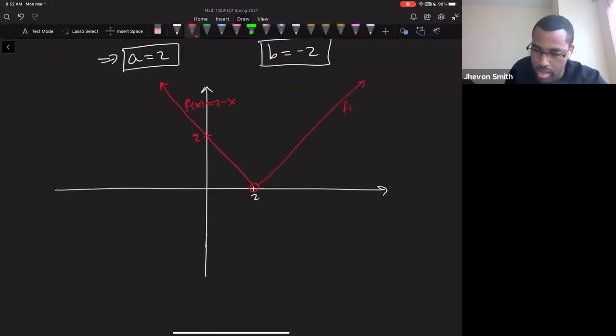This is f of x equals minus 2 plus x. So you know that that would have extended and hit this at minus 2 for the y-intercept, but we don't care because that's not the side that it cares about. And then finally, at 2, we fill in the hole at 0.